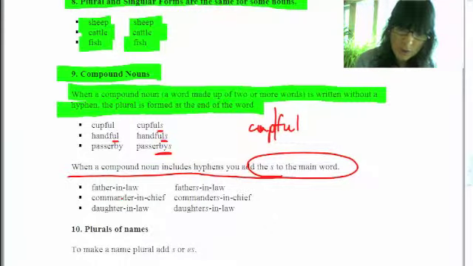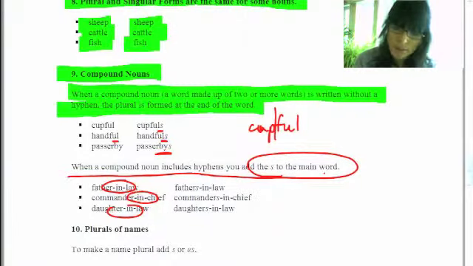The same with daughter-in-law, sister-in-law, mother-in-law, commander-in-chief. They are compound words, but these always have to have hyphens in them. So when a compound noun includes a hyphen, you put the plural on the most important part of the word.